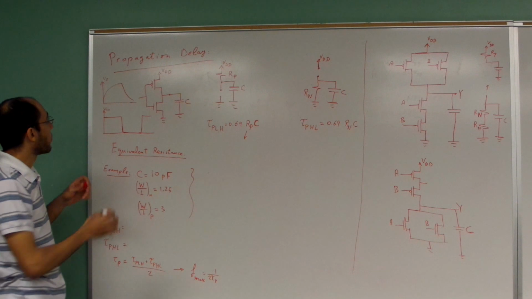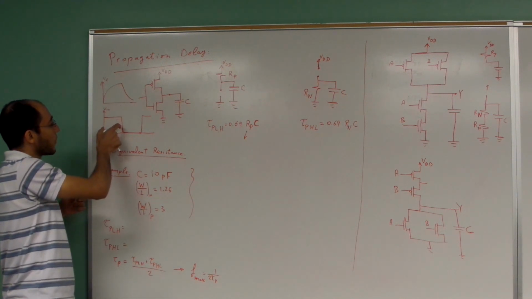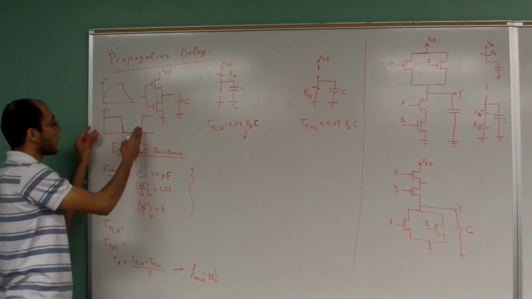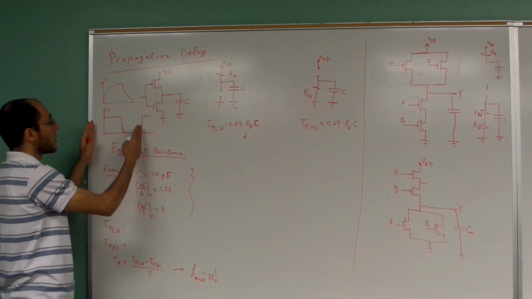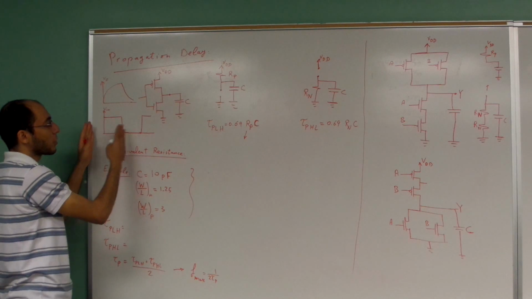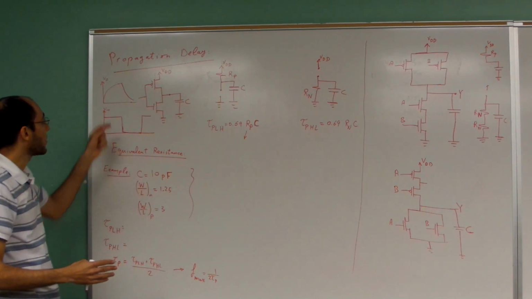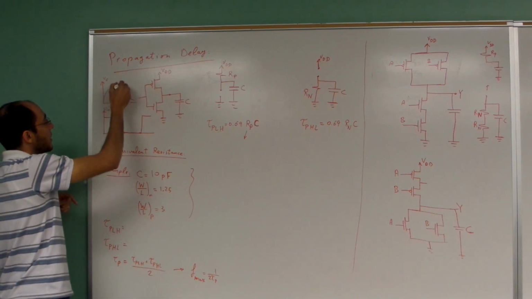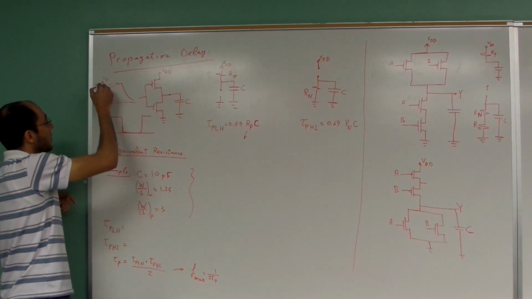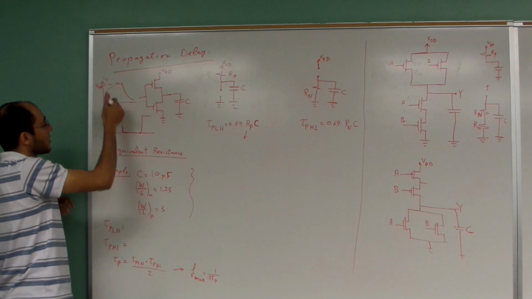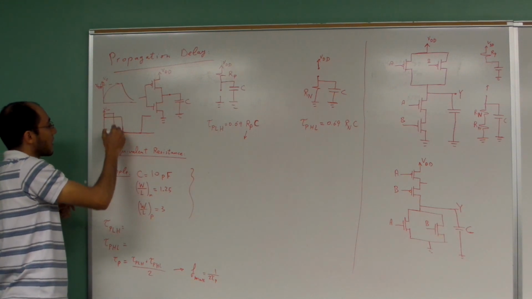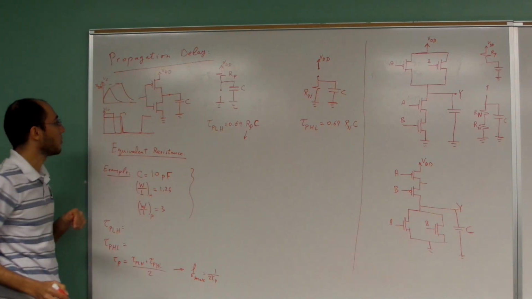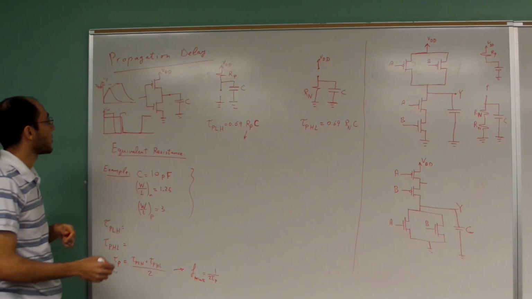If you try to increase the frequency, which means letting these two sides of the clock cycle come closer to each other, then you expect that the output will not reach the VDD as expected. Why? Because if you let the cycle go like this, it means that the output is going to go like that, which is something that you do not really want.